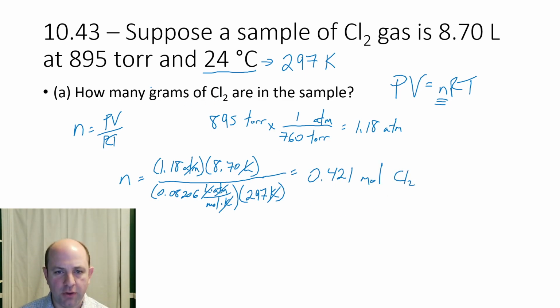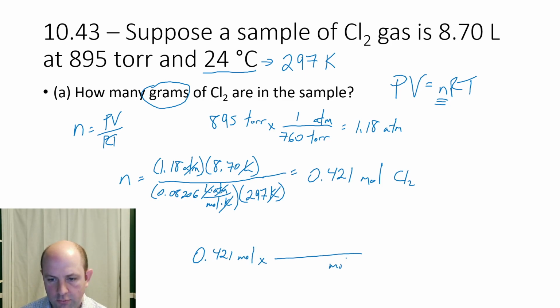But to get the answer, we want grams. So that means we'll take that answer, 0.421 moles. Moles goes on the bottom, grams up top. Remember, it's diatomic Cl2. So that means it's going to be 70.90 grams. So that times 70.9.